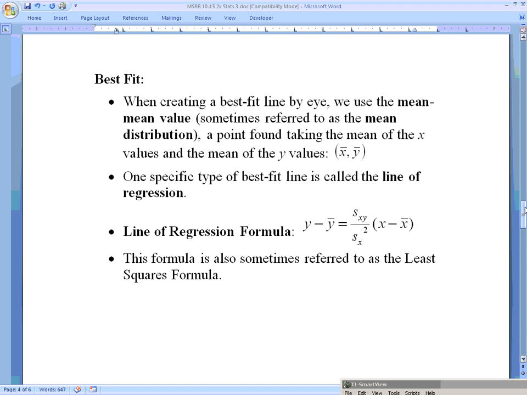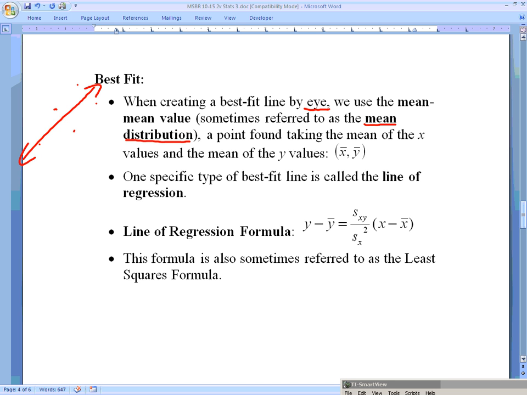Now, best fit. You've probably done best fit lines in other classes as well. If you have a scatter plot, you can draw a line that sort of resembles the trend of our data. When creating a best fit line by eye, like what I just did, where I didn't use a formula or anything like that, we want to use what's known as the mean value, or sometimes referred to, especially by IB, as the mean distribution.